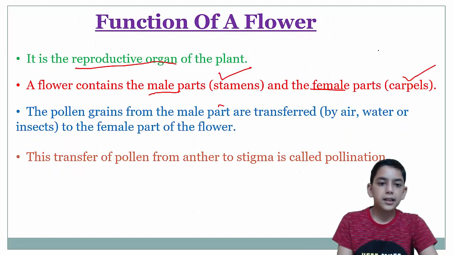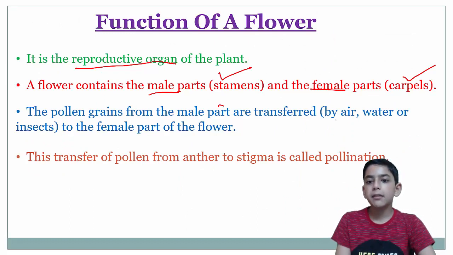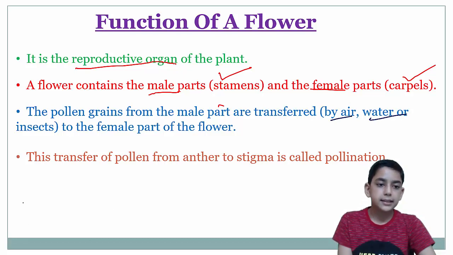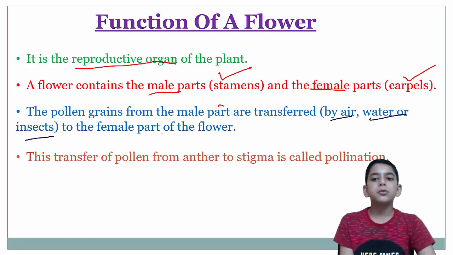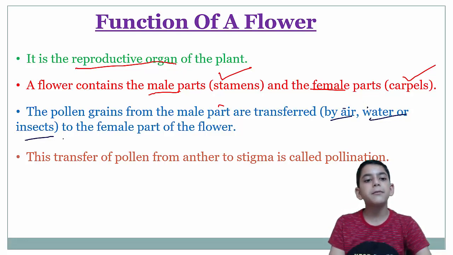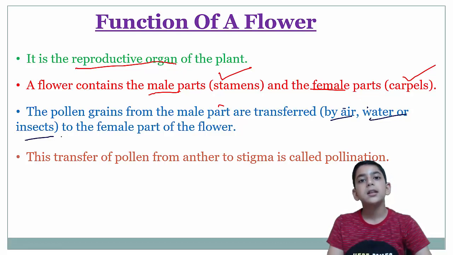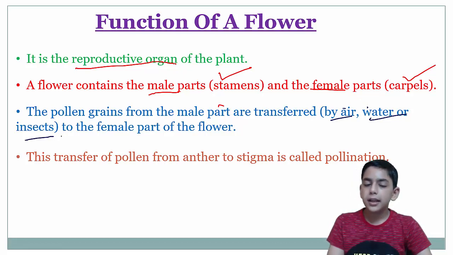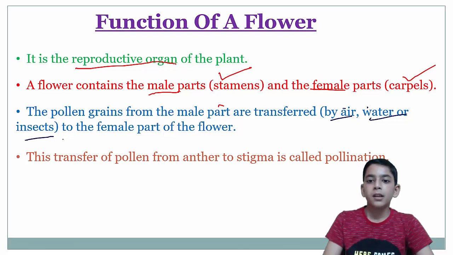Now, here it is written that it can be done by air, water, or insects. So it differs from each other. If it is done by air, then the properties of the flower would be different. If by water, they would be different. If by insects, they would be different. It may also affect whether the flower is unisexual or bisexual.